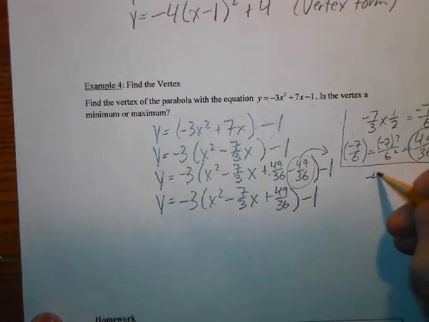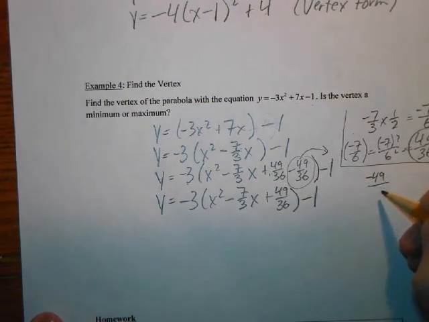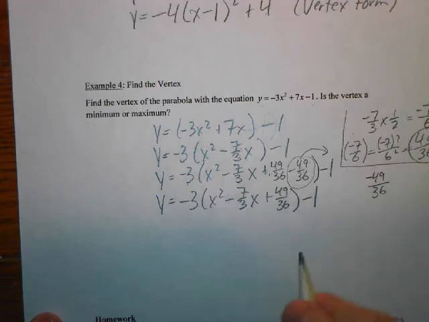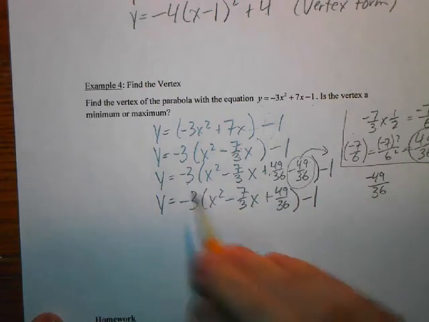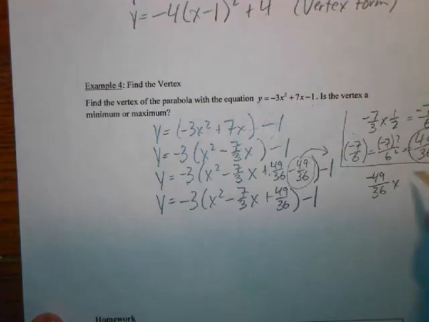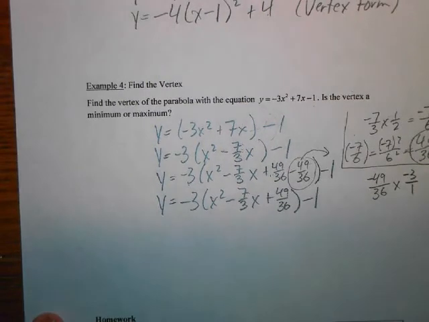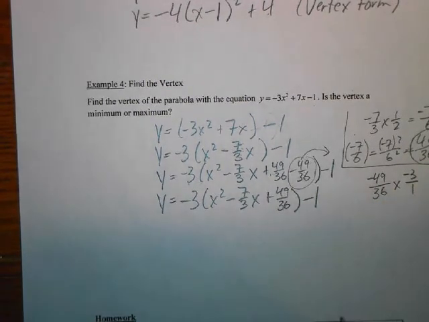So it's not that hard if you just remember how to multiply fractions and fractions with integers. So we're taking that negative 49/36, we're multiplying by negative 3. Negative 3 is the same as negative 3 over 1. Now I could multiply across the top, but I'm going to get some big numbers.